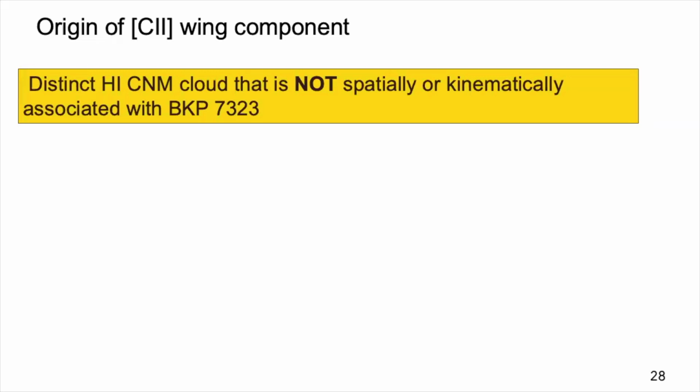So this feature could be just another CNM cloud that's floating in the galaxy, has no connection whatsoever to our target cloud. So it's almost a trivial result that this is just another cloud. Who cares? I can't argue against that, but it's also not that interesting. So I'm going to say it, but I'm going to ignore it for the rest of the talk.